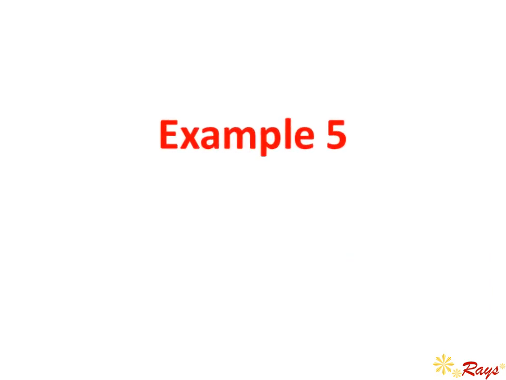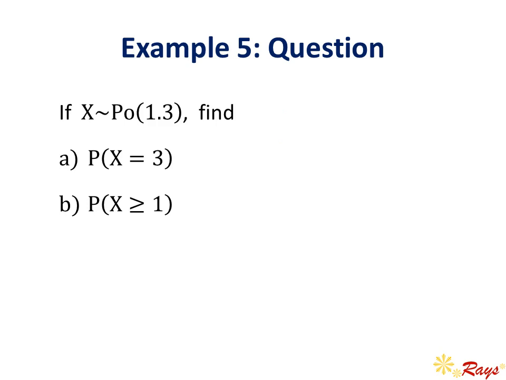Let us look at example 5 now. The question for example 5 is this. If X is a Poisson distribution with lambda, also known as mean or average, is 1.3, find the probability of X equals 3 and the probability of X greater than or equal to 1.